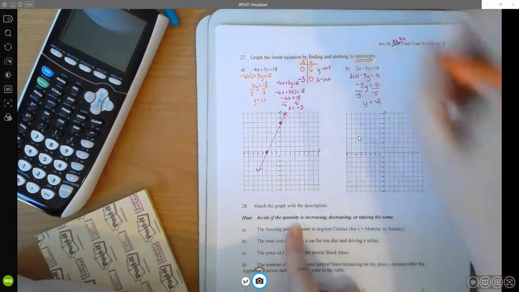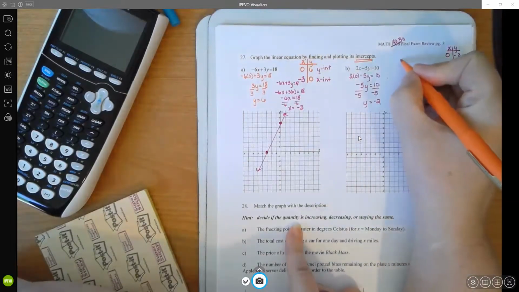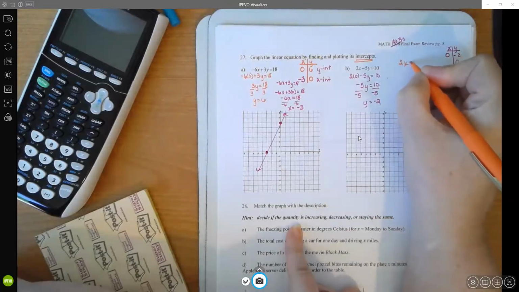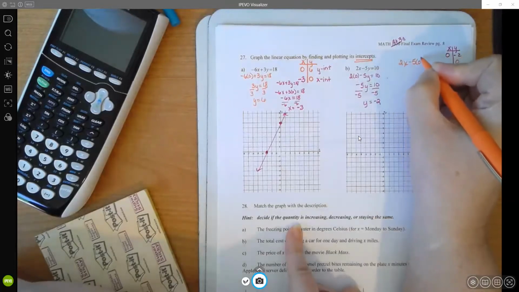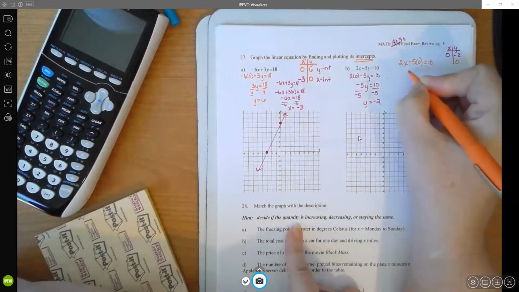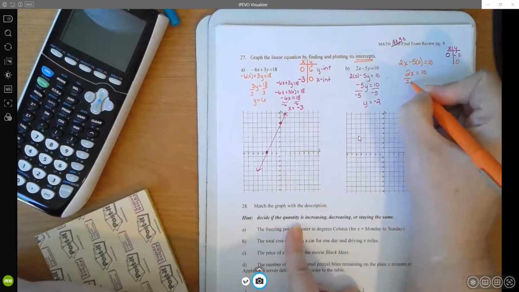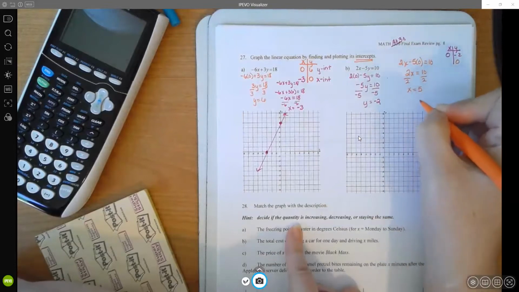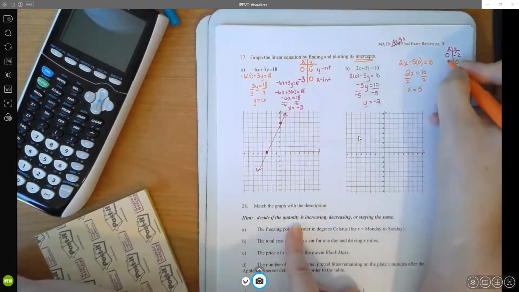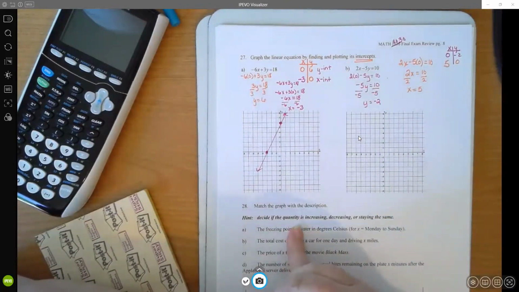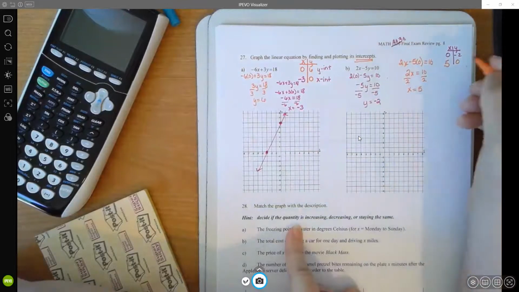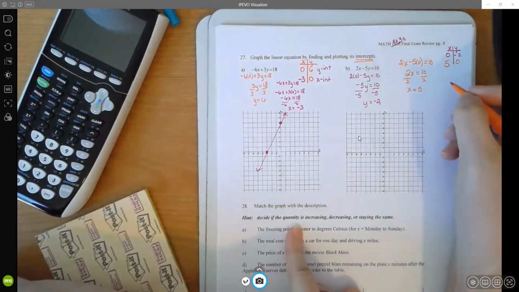Now I'm going to do the same thing, letting y be 0. 2x minus 5 times 0 equals 10. 2x equals 10, divide by 2, x equals 5. And that gives me 5 comma 0 as the other ordered pair.